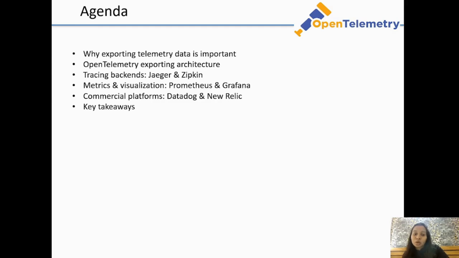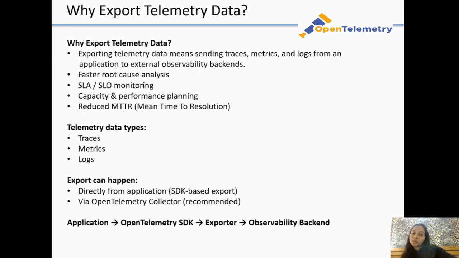We will also cover metrics and visualization tools such as Prometheus and Grafana. Next, we will talk about commercial observability platforms like Datadog and New Relic. And finally, we will summarize everything with key takeaways. So let's quickly start with why export telemetry data.